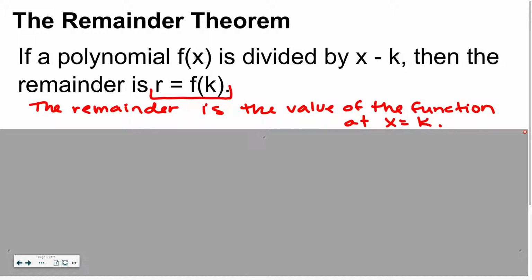So in my own words, what do I read into when I read the remainder theorem? It tells me that the remainder is the value of my function when x equals k. So basically it's finding y. The value of my function is a y.